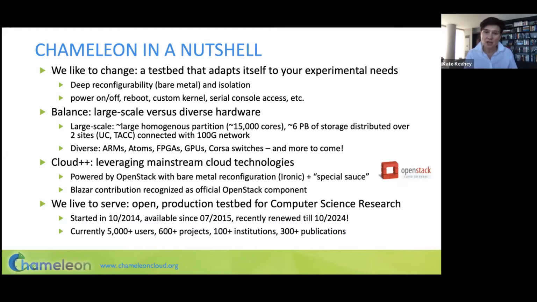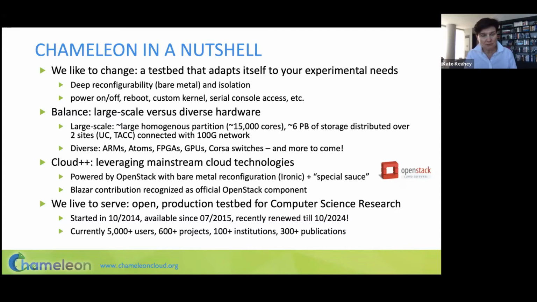Out of this, about 500 are in a large homogeneous partition. We've got a total of 6 petabytes of storage, both for storing your images and your experimental data. It's all distributed over 2 sites, University of Chicago and the Texas Advanced Computing Center, connected with a 100G network, so you can actually run 100G large flow experiments.